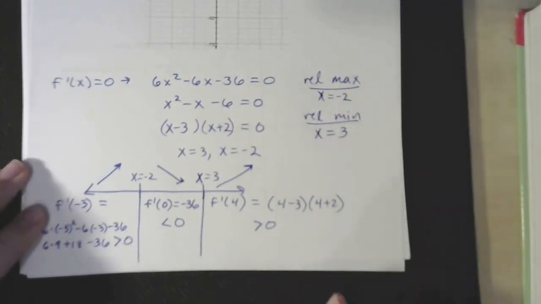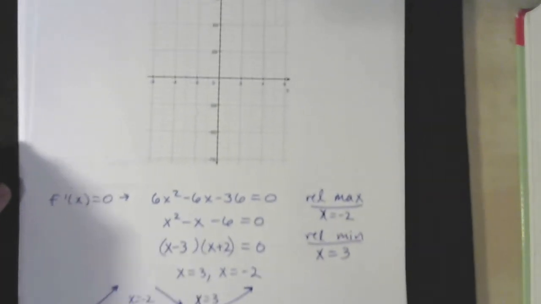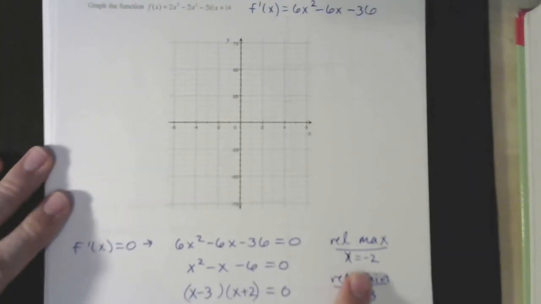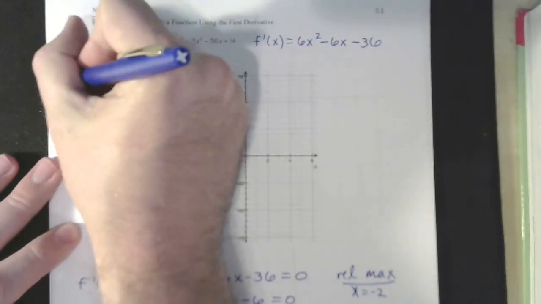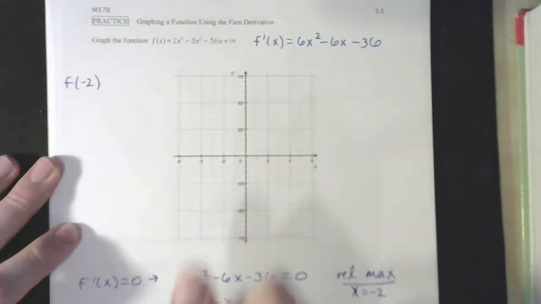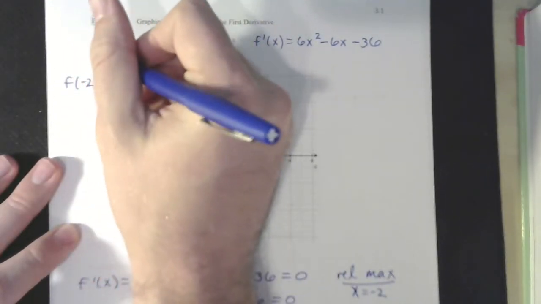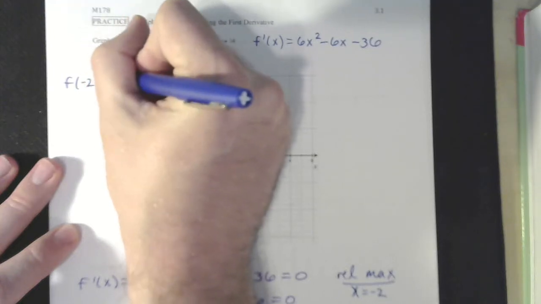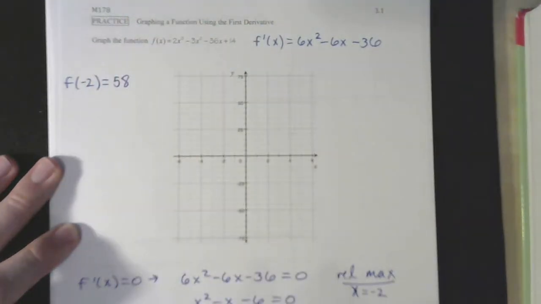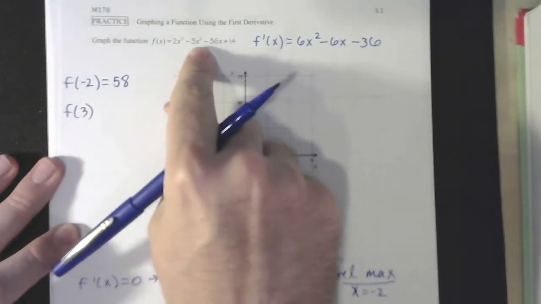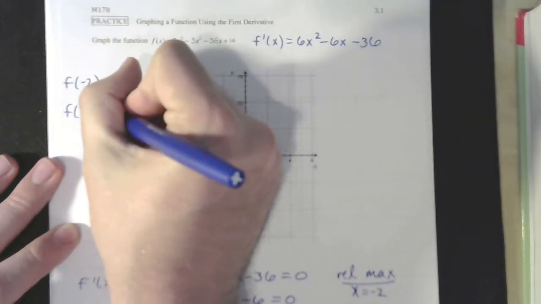So now all that's left is to find the values there. I'm running out of space, so I'm going to come up here and do these little calculations. For the relative max at x equals negative 2, I need f of negative 2. That's just plugging negative 2 back into our function, and that comes out to be 58. And f of positive 3, plugging 3 back into our original function, ends up being negative 67.